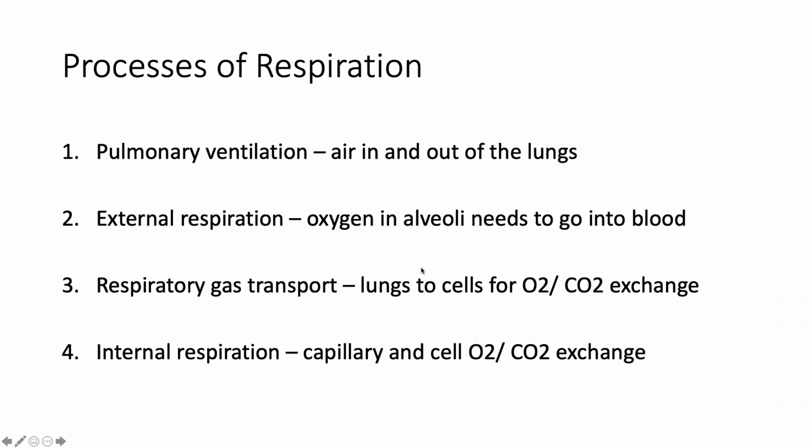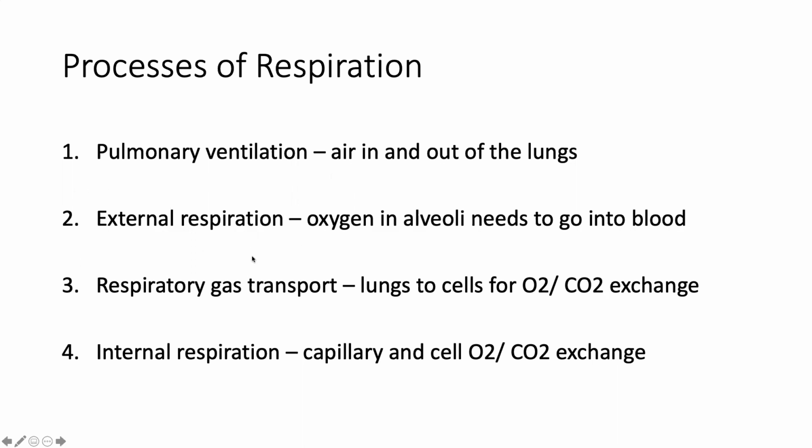The process of respiration: the number one stage is to bring the atmospheric air into our lungs. That is what we call pulmonary ventilation, the air in and out of the lung. The number two step is that air in the alveoli needs to cross the respiratory membrane so that oxygen can cross that membrane to get onto the hemoglobin. That is what we call external respiration.